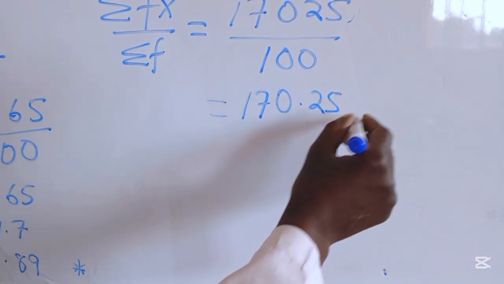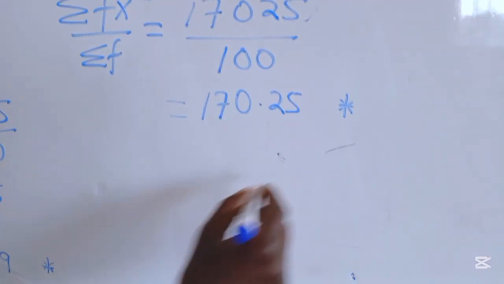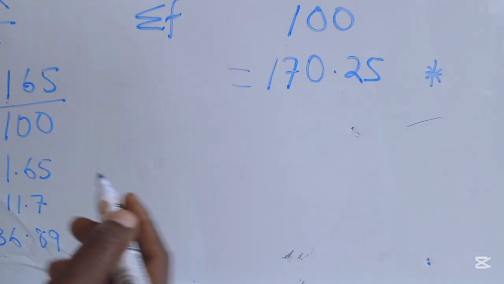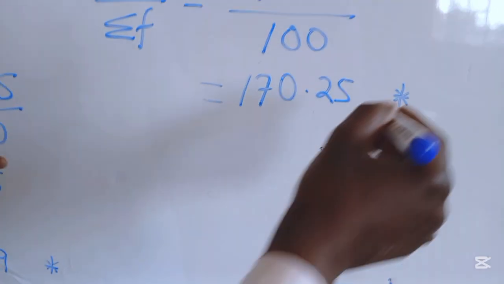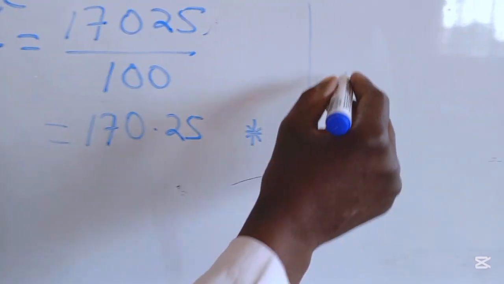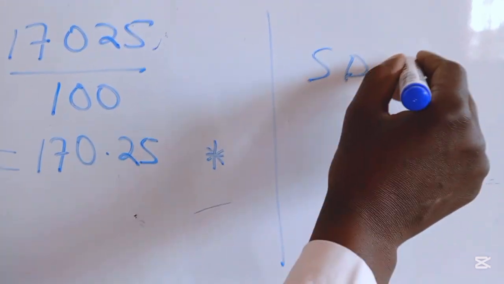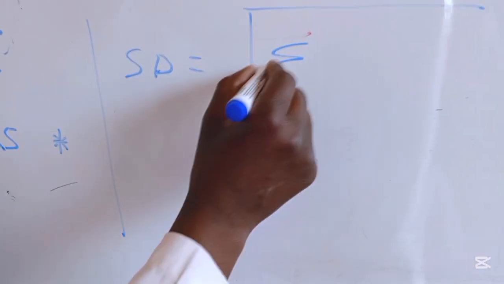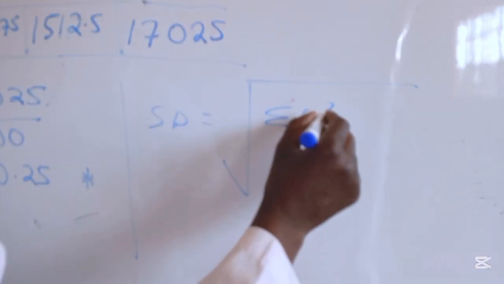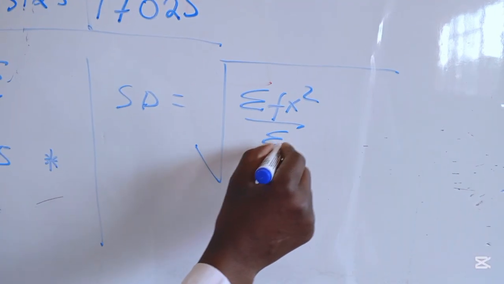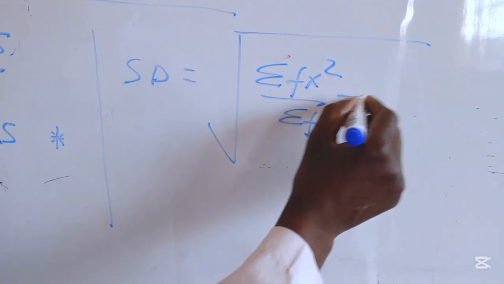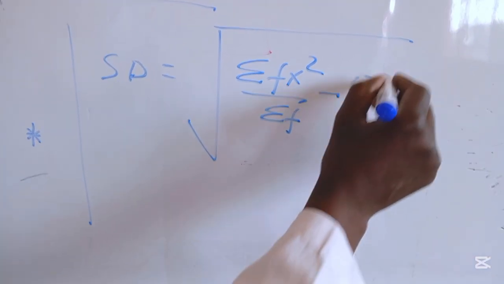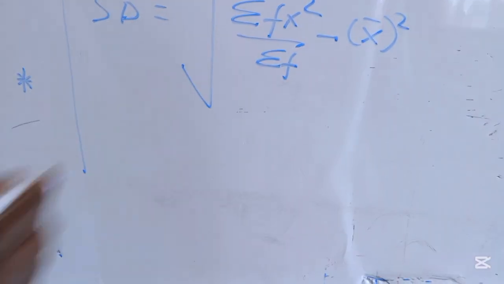Again, this number is very, very important. Now some people were busy asking me, sir, where did you get that formula? Because the formula for standard deviation is equal to the square root of the summation of f of x squared divided by the summation of f, minus, then you square this one. So this is the formula.